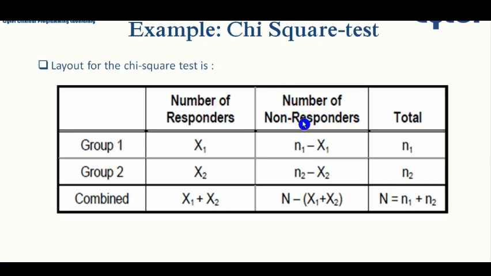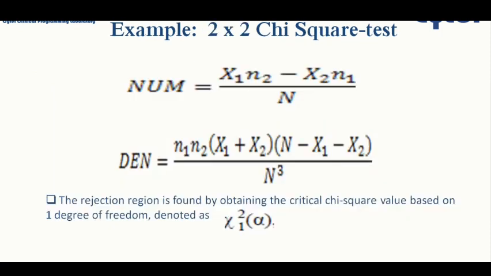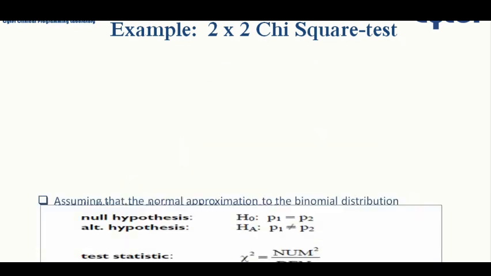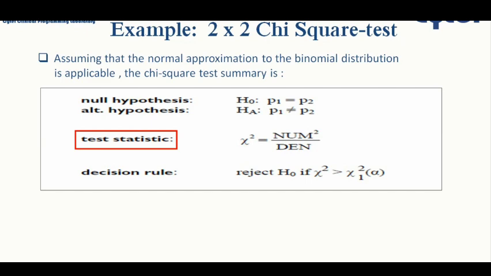Then the number of non-responders from group 1, that is from treatment group, is say n1 minus x1, and from group 2 is n2 minus x2. So, if you are having that 2 by 2 table, then you can calculate these numerators and denominators and the test statistic as chi-square as numerator square divided by denominator.